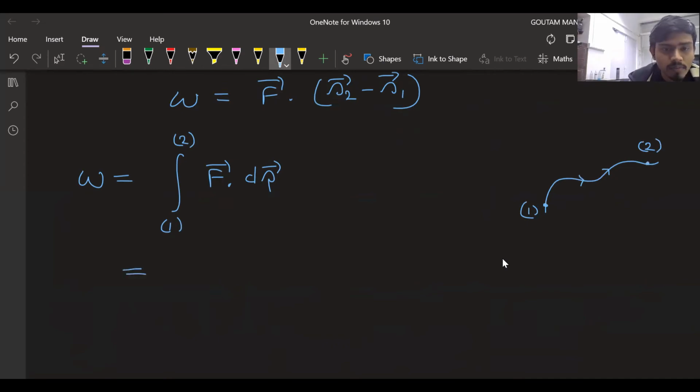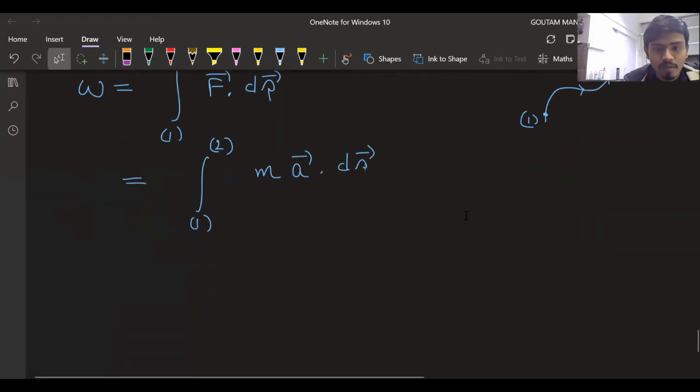From Newton's second law, the expression of W is the integral from 1 to 2 of m times acceleration dot ds.